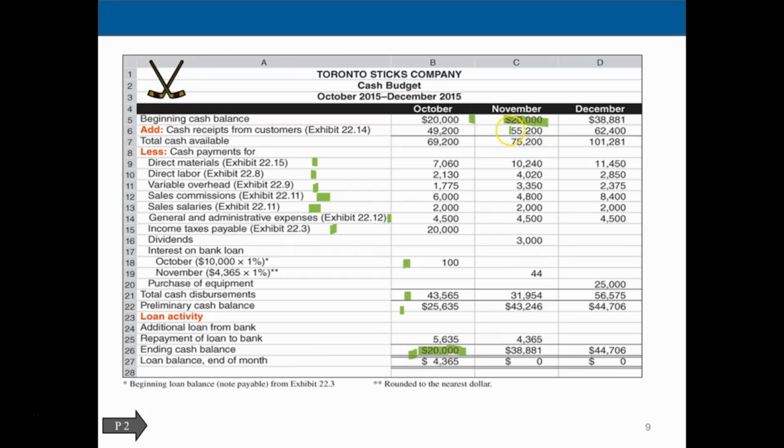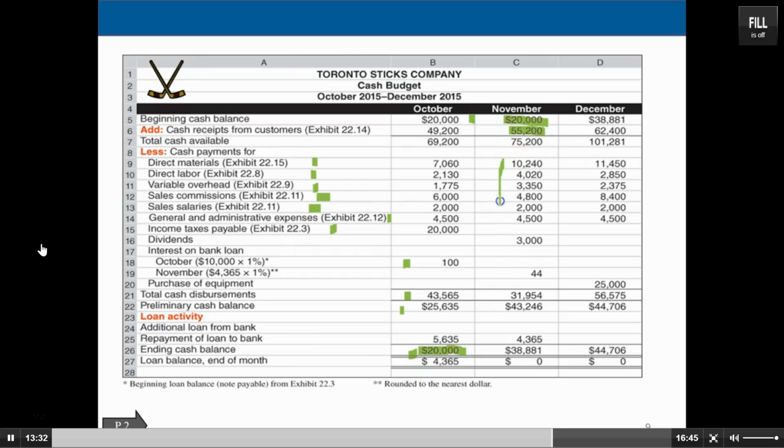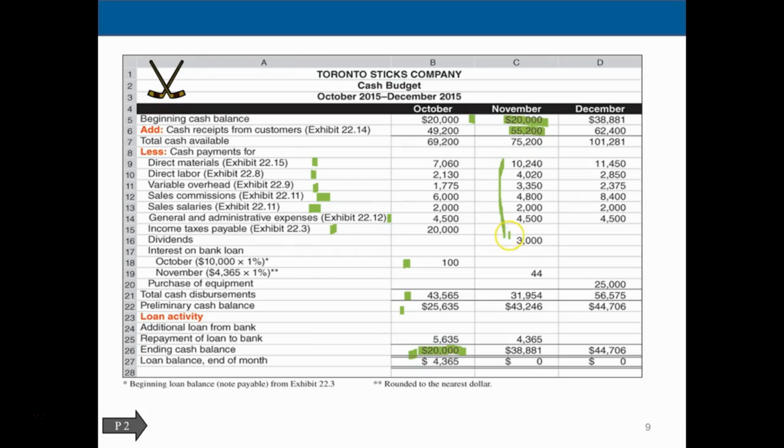Cash is going up by the $55,200. It's going down. We're going to get all this information from our prior analysis. Then we paid dividends. That was new information of $3,000, decrease in the cash balance. And we have the interest on the loan, which is now $4,365 times 1%. And that gives us our disbursements here.